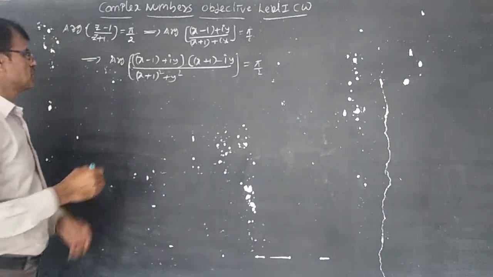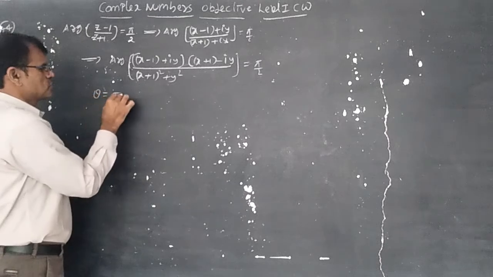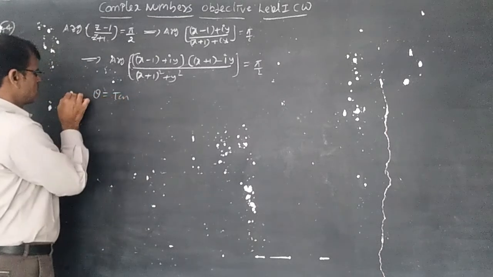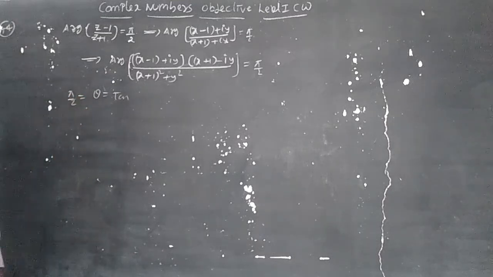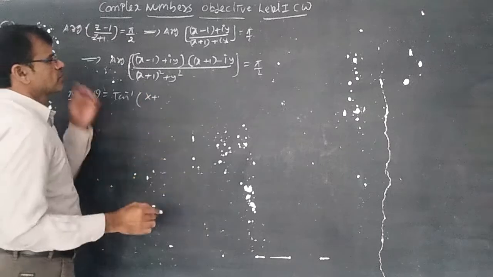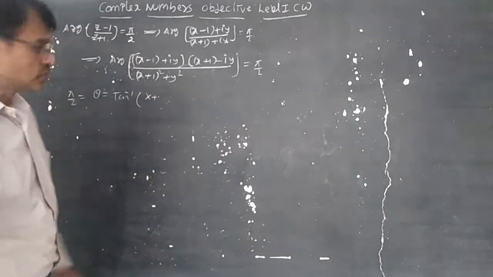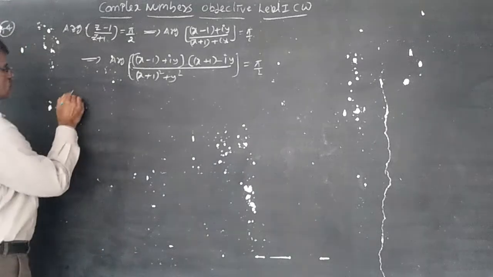Argument means theta is equal to tan inverse of imaginary part by real part. So pi by 2 is equal to theta, tan inverse of the imaginary part. Let us multiply the numerator.